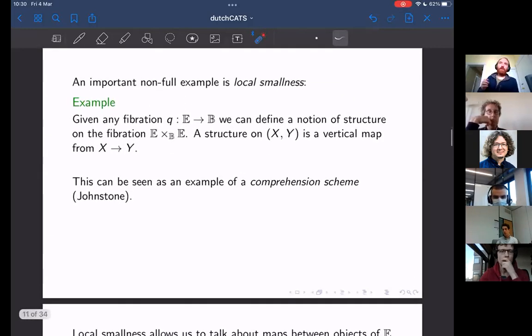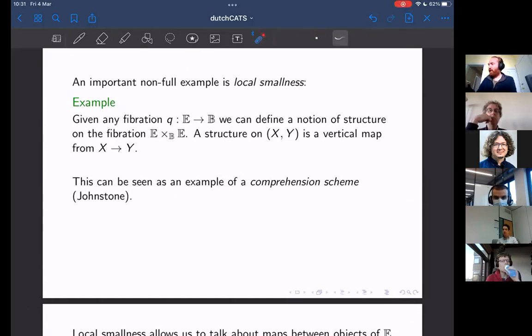Okay, so that's the full case. There are a lot of examples of non-full notions of structure, and unfortunately I don't have time to go through many of them, but I will talk about the most important example of a notion of structure, and this is the notion of structure of vertical maps.